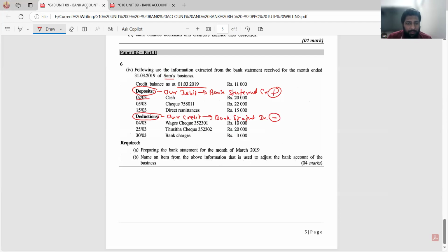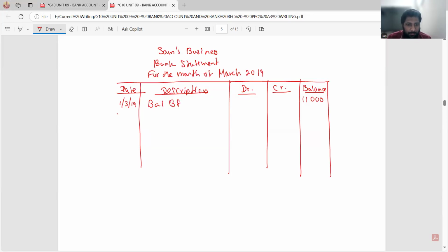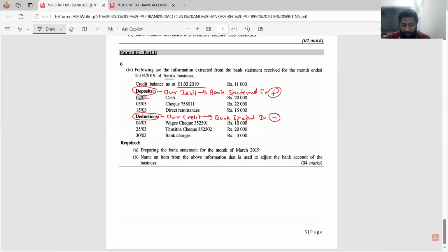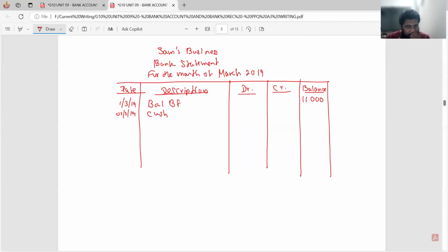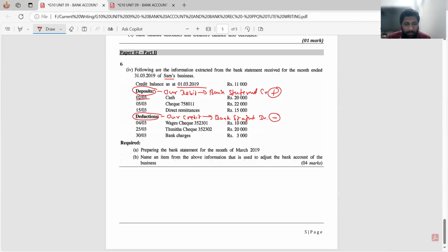So next we have 2/3. Cash. In the bank statement, we have to record it on the credit side, 20,000. So credit side items will increase the balance, debit side items will decrease the balance. 31,000. Then we have 4/3.